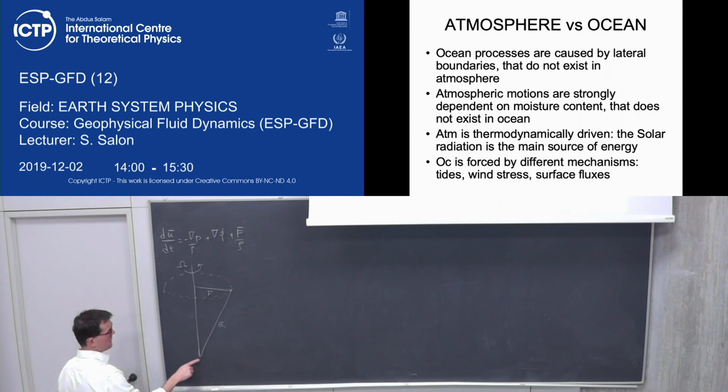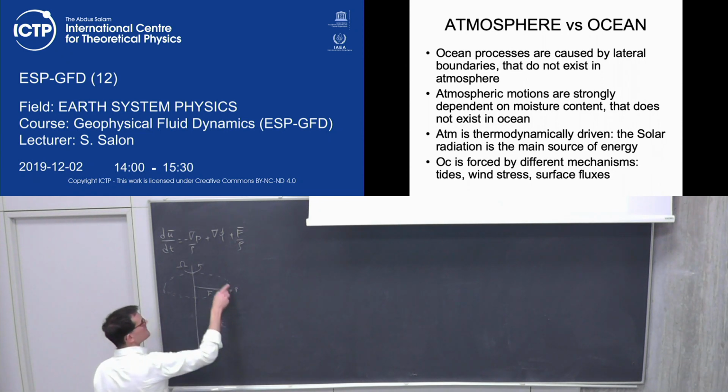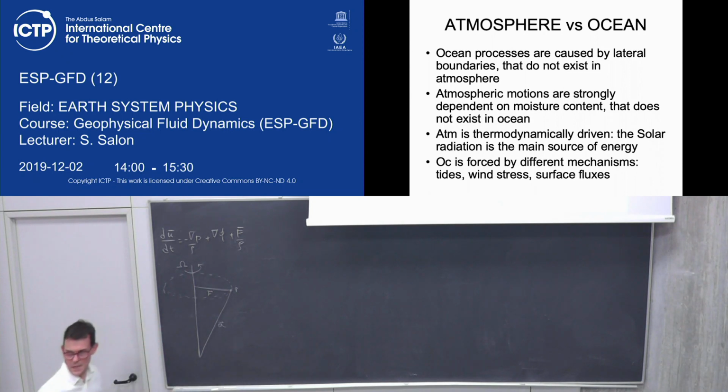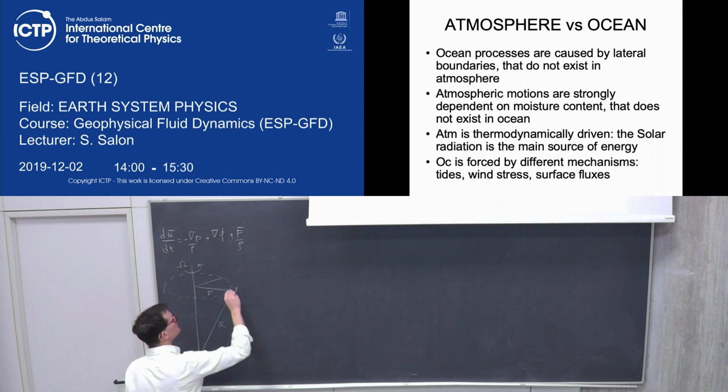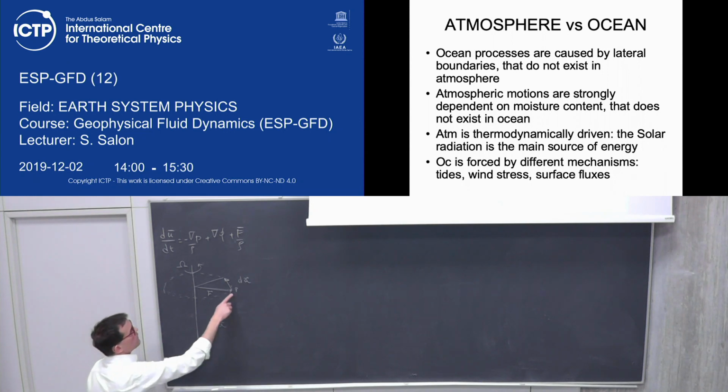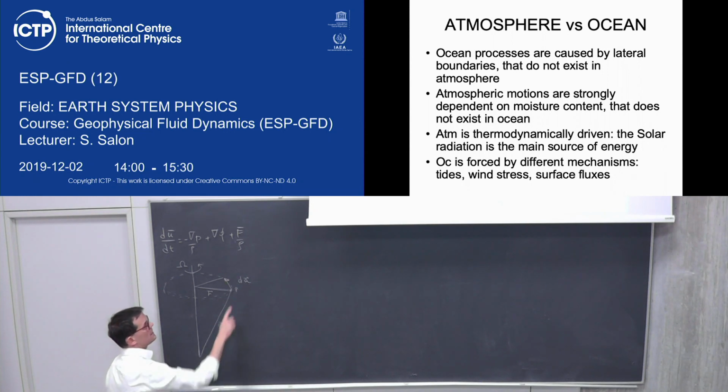There is a certain origin of the coordinates. This point P is traveling in this direction. Okay, it is rotating. So after some time dt, as you remember, this point will have traveled by a certain dA.